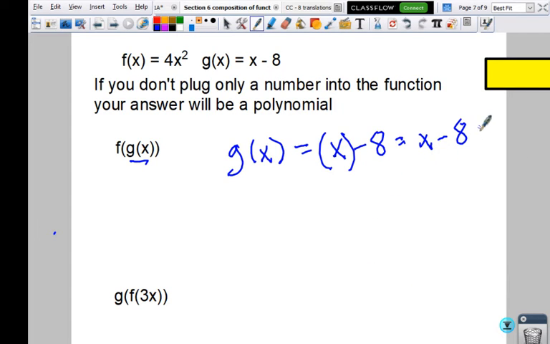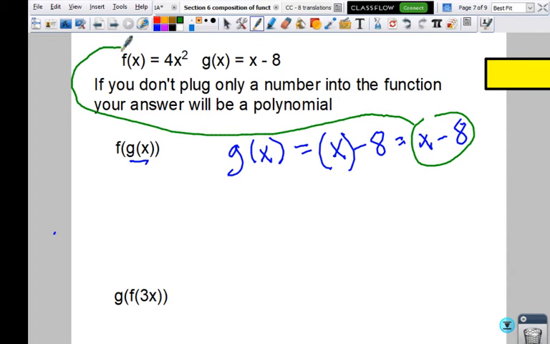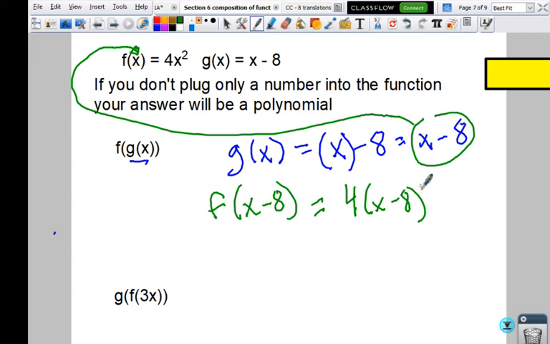I am going to have to take this now and plug it in to f of x. I'm going to plug the whole thing, x minus 8, in for f of x. So I am going to have f of x minus 8 inside there, which is going to equal 4 times (x minus 8) squared, like that.